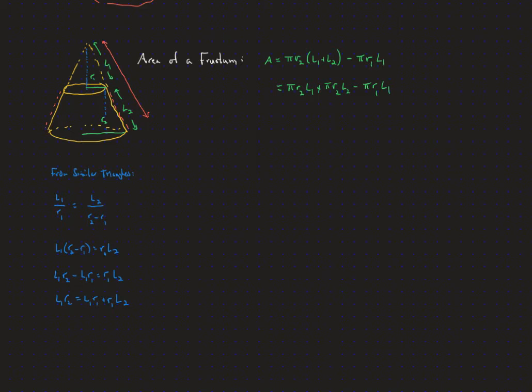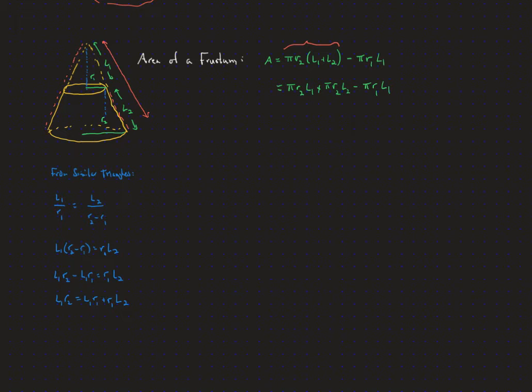So the area of that whole cone is right there. That's the big cone: pi, and the radius of that cone is R2, and the slant height is L1 plus L2. We're going to subtract off the area of that smaller cone that's sitting on top there, which will then leave us with the area of our frustum.